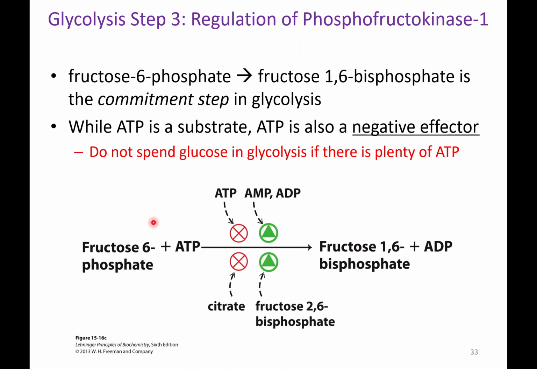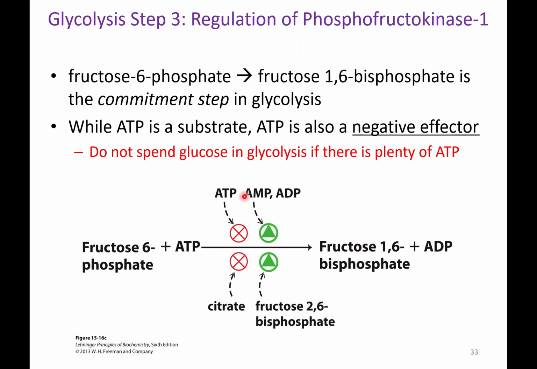So our reaction is fructose 6-phosphate plus ATP going to fructose 1,6-bisphosphate plus ADP. Remembering back, the things that affect this reaction: ATP negatively affects it, turns it off in a sense. And sort of the opposite of ATP would be AMP or ADP.